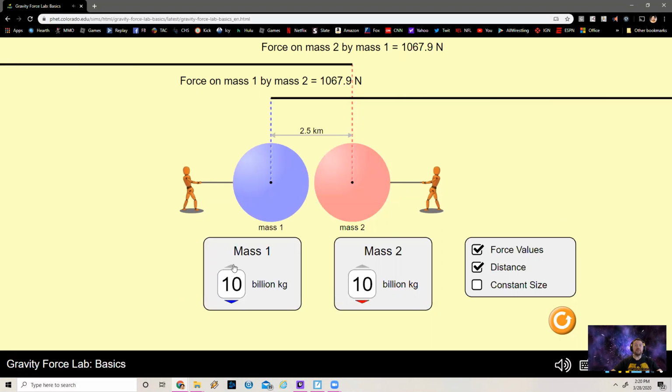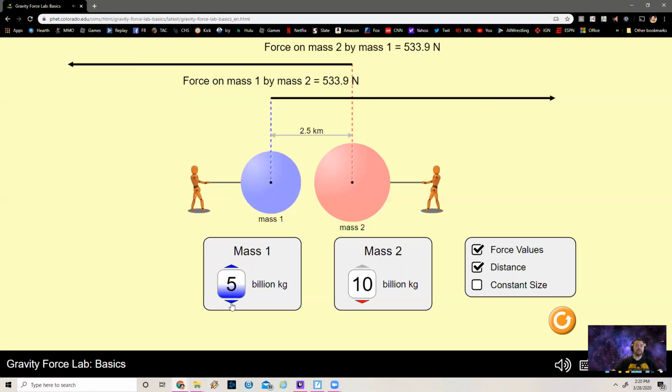We went from 10 billion kilograms to 5 billion kilograms. Look at the current force on this object. It's roughly 1,000. Well, by how much did the force decrease between them? Well, it went down roughly 2 times. It is now 1/2 the force that it was before.